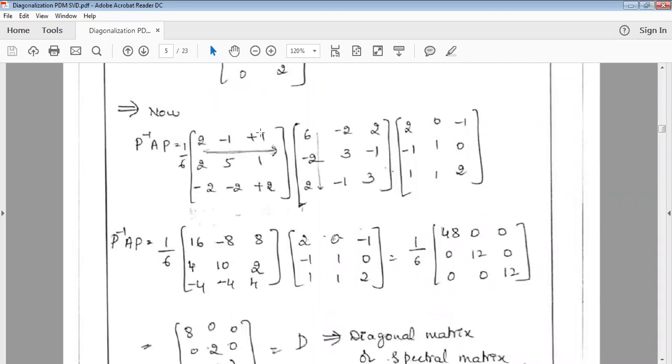Right? So how are you going to multiply? This first row here gets multiplied with this first column, then this second row here gets multiplied with this column, and so on and so forth, right? And you multiply these two matrices, you get this answer, and you have this matrix. Again, you start doing the same thing. You have this row with this column, then you have this row with this column, and so on and so forth.